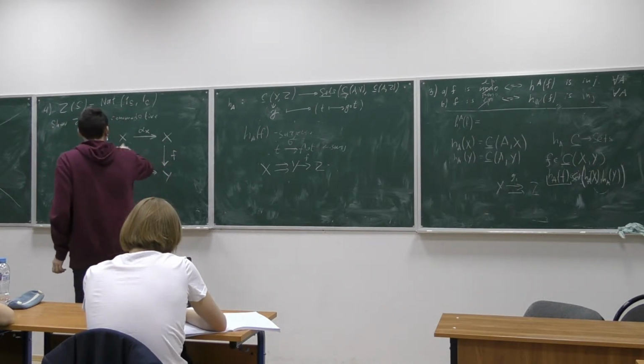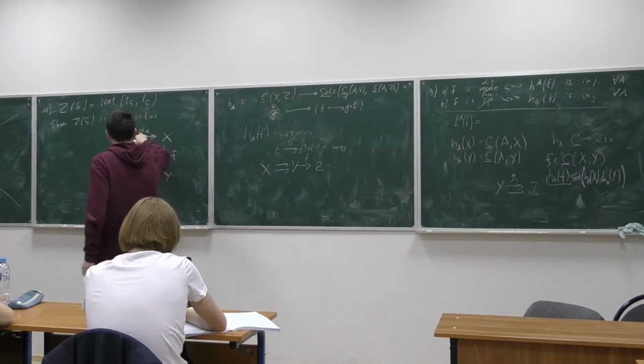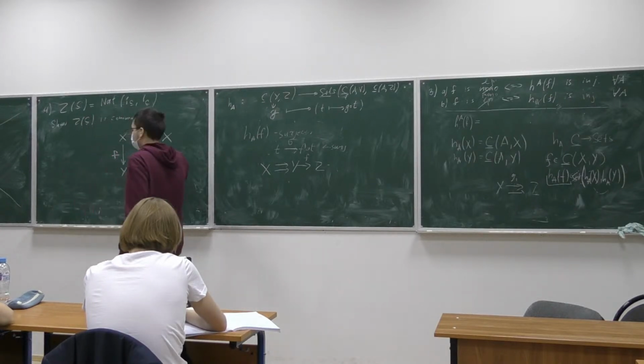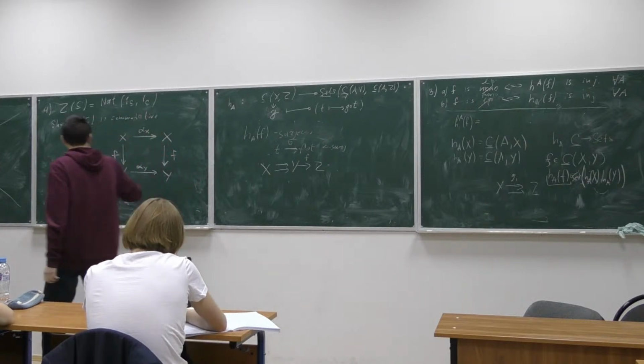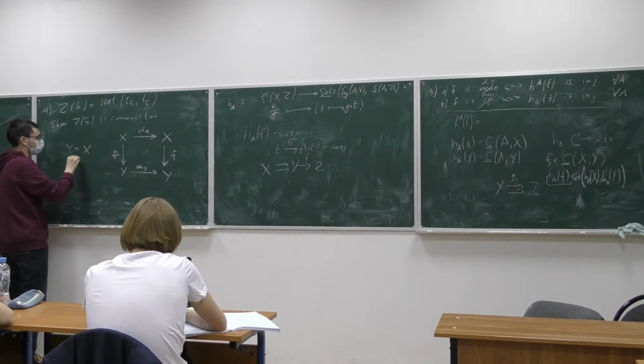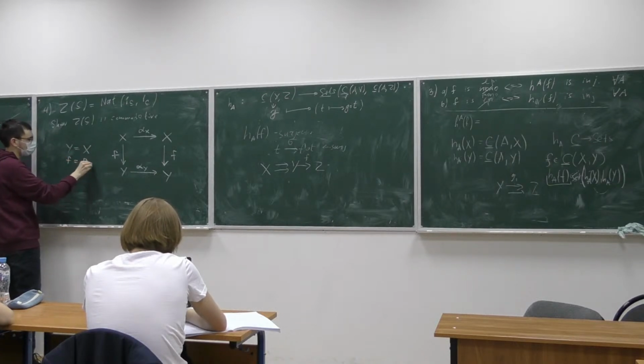We can consider such a commutative diagram, and we have a natural transformation alpha. So we can take y, x, and this is one natural transformation beta.